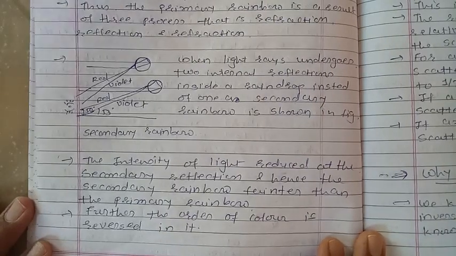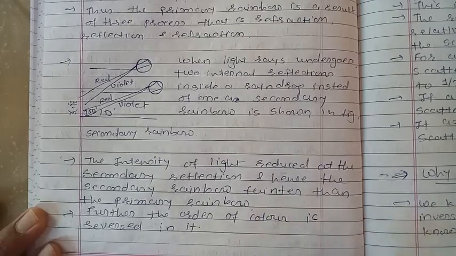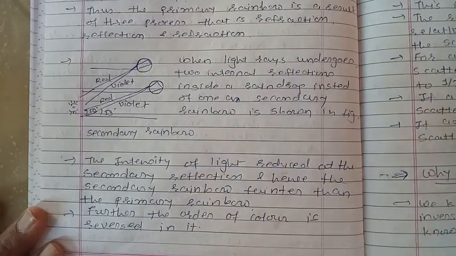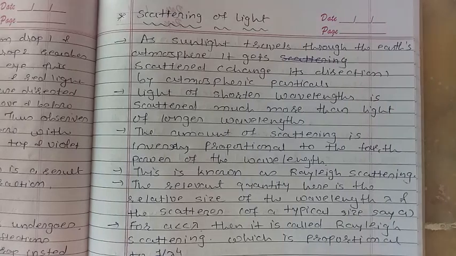Okay, now we discuss the scattering of light. What is scattering? When sunlight travels through the Earth's atmosphere, it changes direction due to the atmospheric particles.